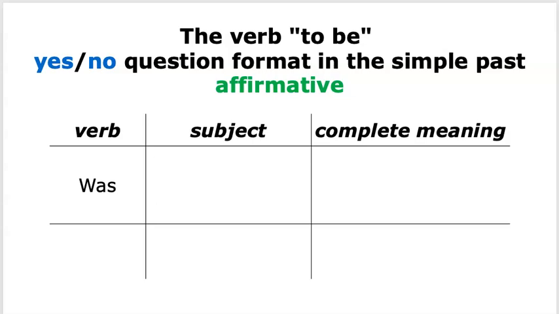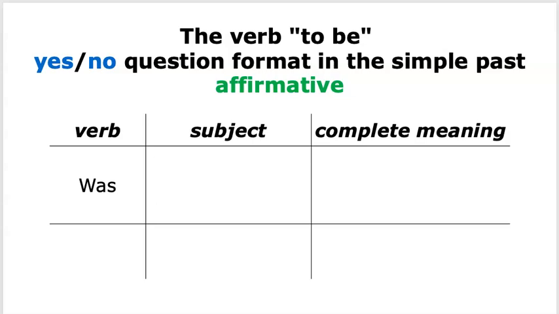Now let's look at the format if we're going to ask a question. We're going to begin with yes, no questions. Here's the format in the simple past if we're asking a question using an affirmative sense.